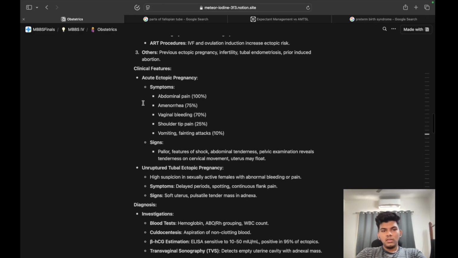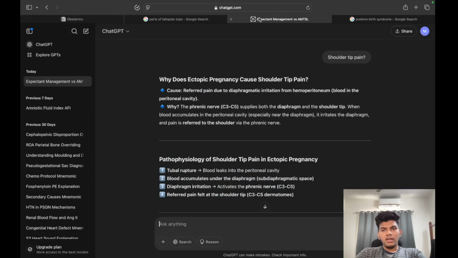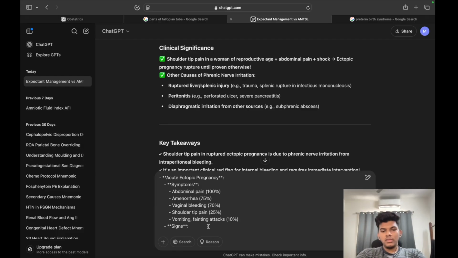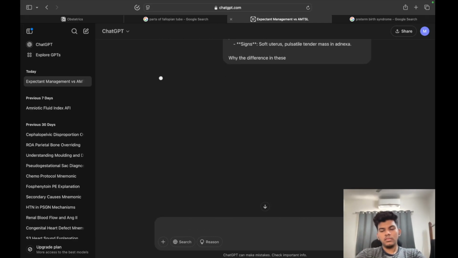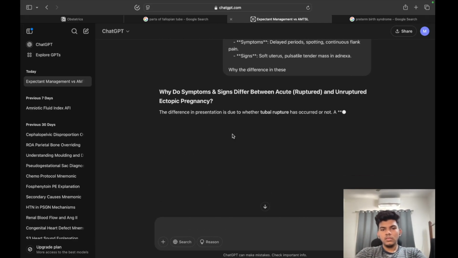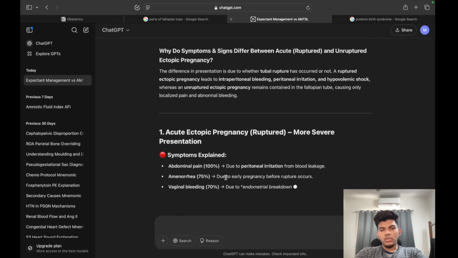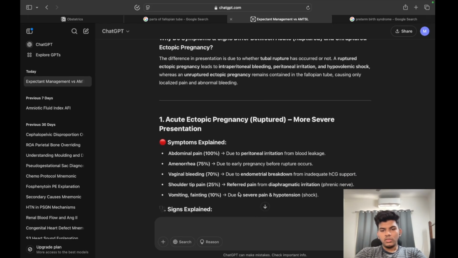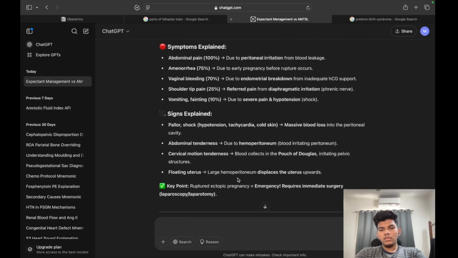Let's just copy this entirely and take a look at why we have specific differences in these. In acute ectopic, due to peritoneal irritation and all that, blood is already present, so that is the main one here.